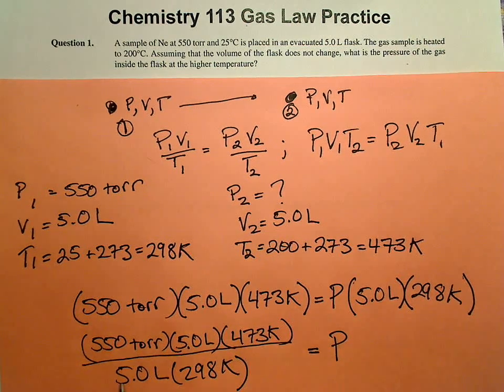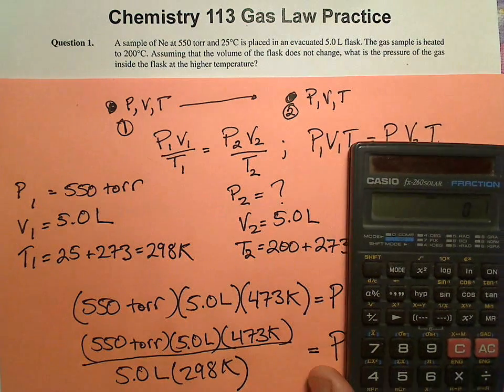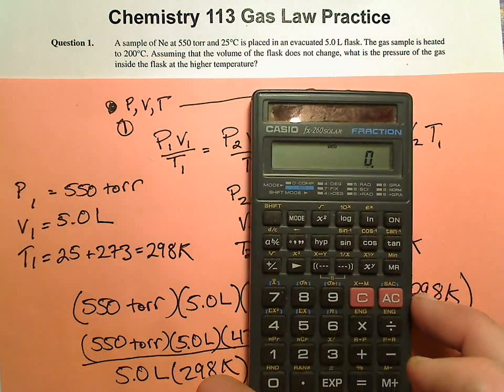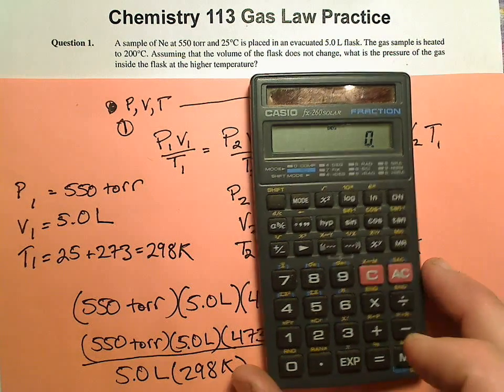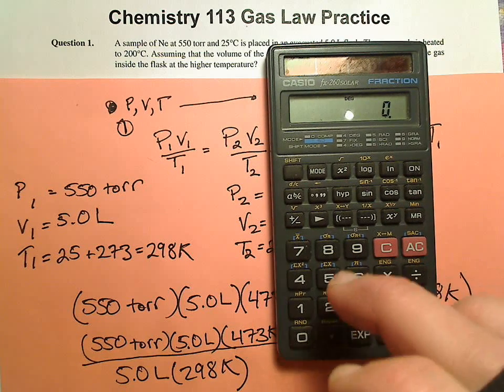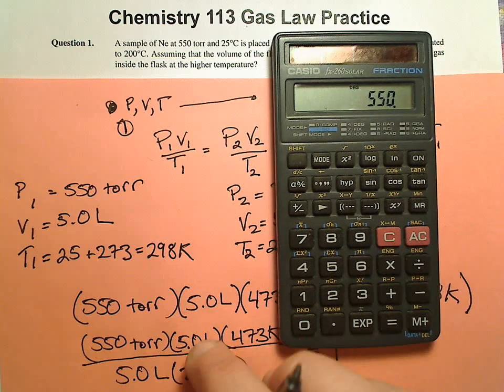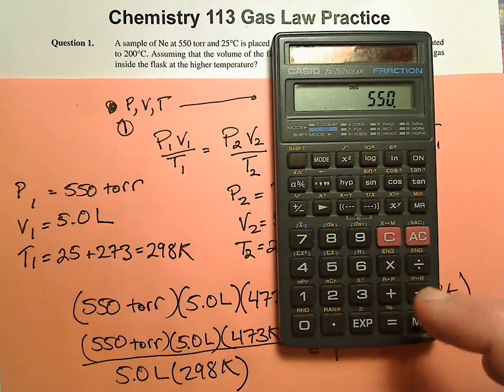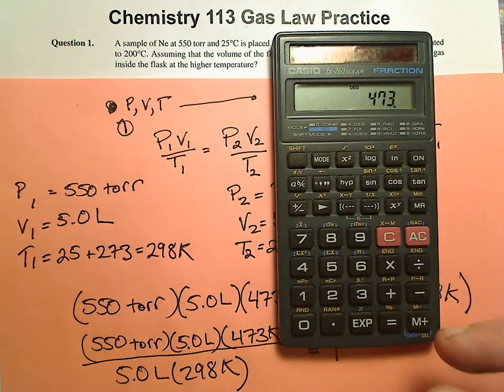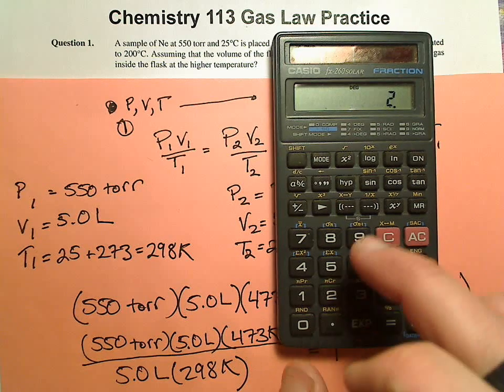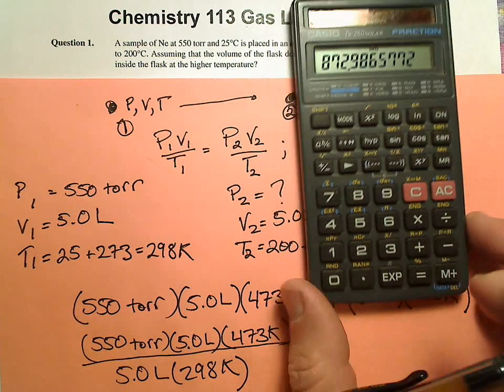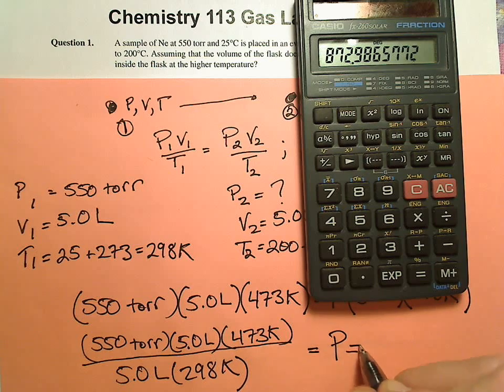All right, look at that. The 5 cancels. The volume doesn't change, so we don't have to worry about it. So let's go ahead and plug it in. So we have 550, I'm not going to worry about the 5 because it divides out, times 473 divided by 298 equals, is that 872.9?